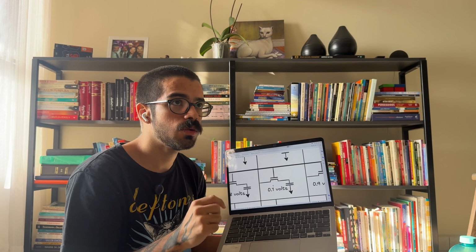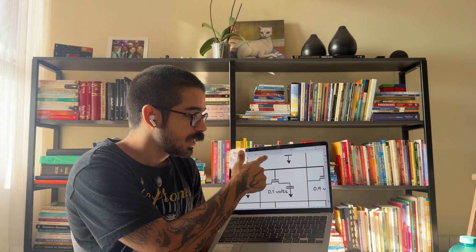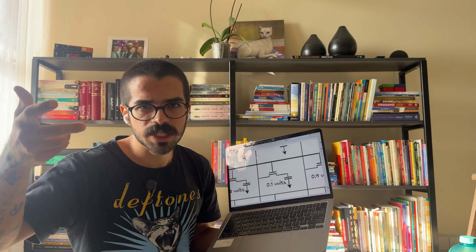So if this capacitor starts at 1 volt, the bit line will go up. Even if the 1 volt is a bit degraded to 0.9 or 0.8, the bit line will actually increase because it started at half the VDD, or 0.5 in our case. So if it's 0.8, and the bit line is at 0.5, the bit line goes up to 0.6 or 0.7, while the capacitor will degrade to 0.6 or 0.7 too.